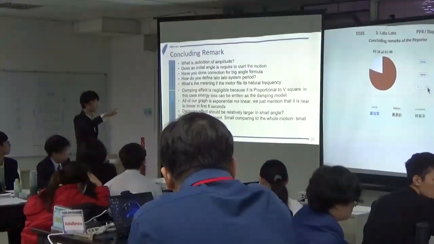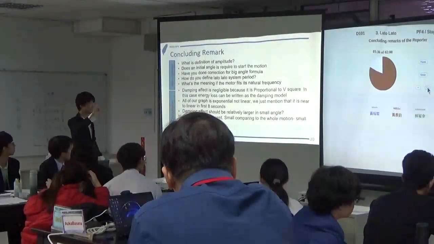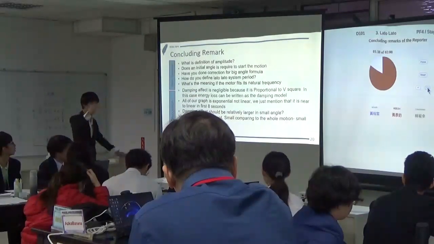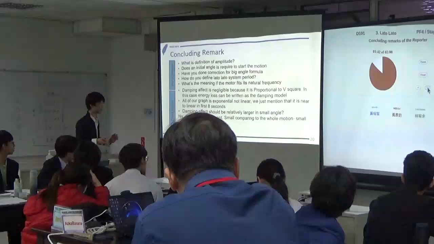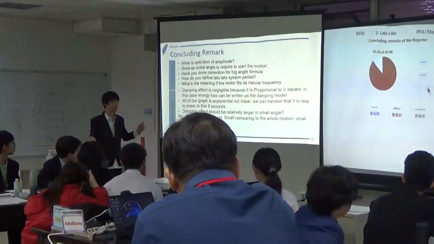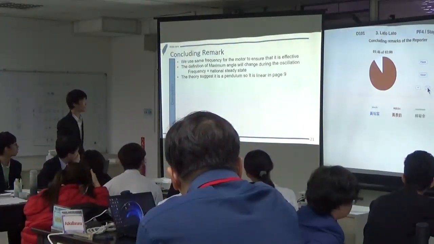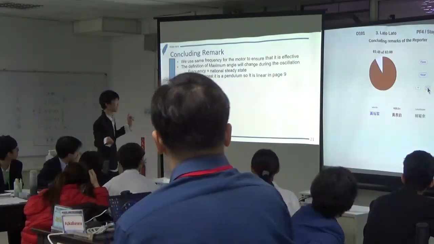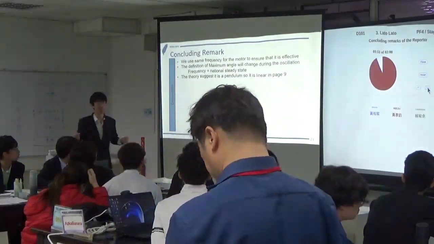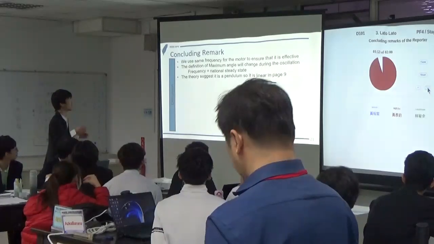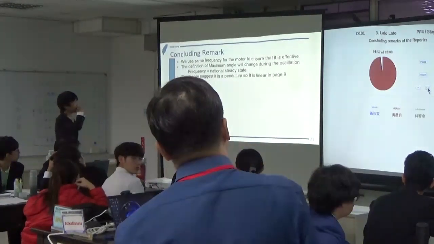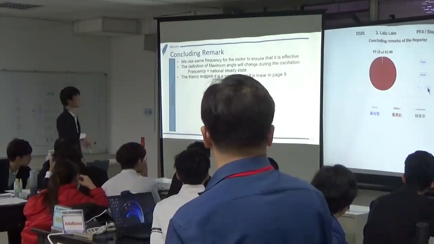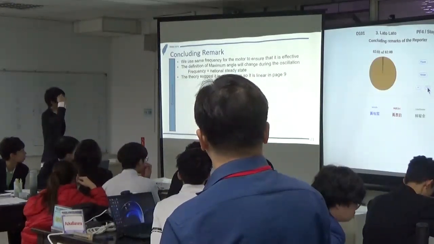All our graphs are exponential, not linear, but it seems linear at first, and we think that the damping effect is not relative to larger and smaller angle. But due to our experiment, the V is smaller at initial, and we use the same frequency for the motor, a constant frequency.